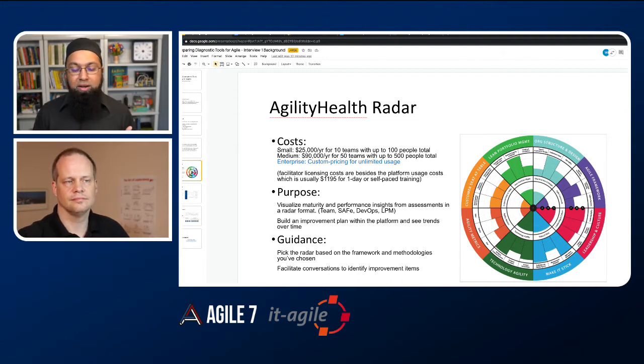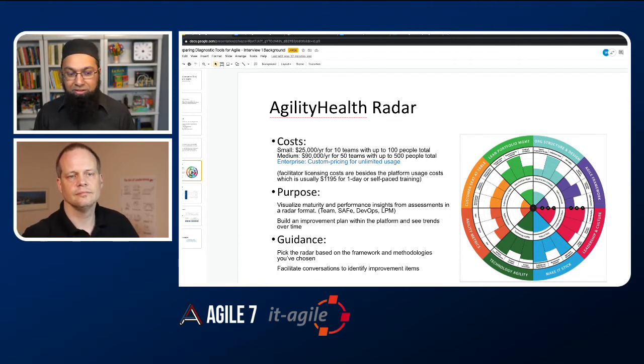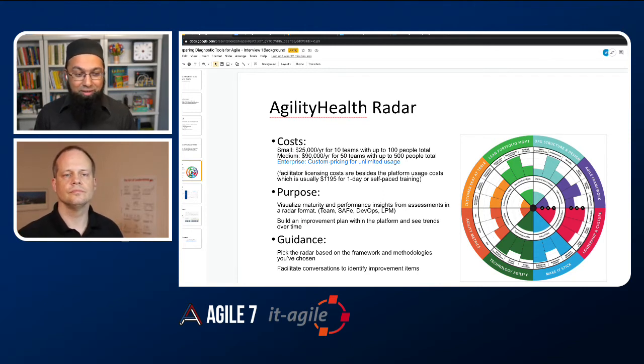That way they can see the radars, and they can have everybody in the organization, scrum masters and agile coaches, execute for them. And then there's facilitator training, because the tool is the tool, but you've got to build some facilitation skill in it. And the variation of the facilitator skills definitely shows up in my own personal experience. So in the cost, it's kind of at the higher end, but you get a cohesive platform, and you get some very good visualization and drill down tools, right?